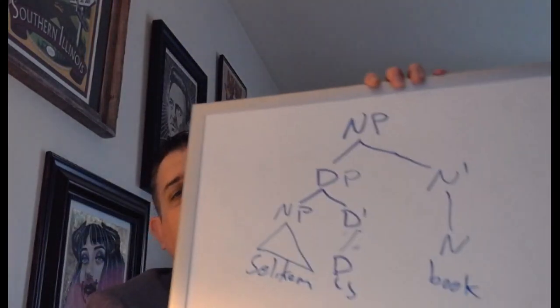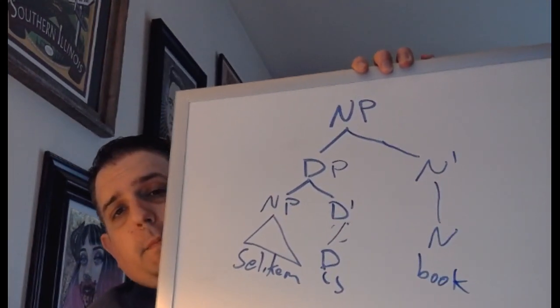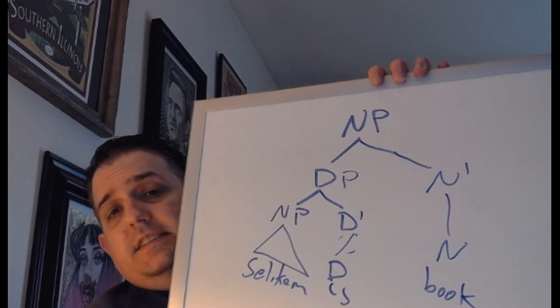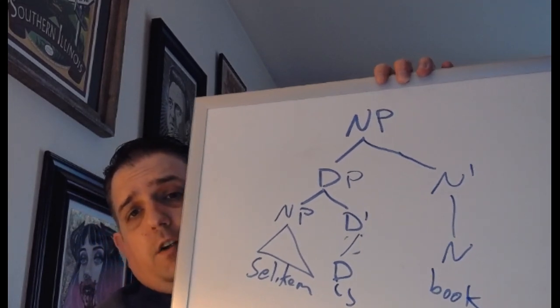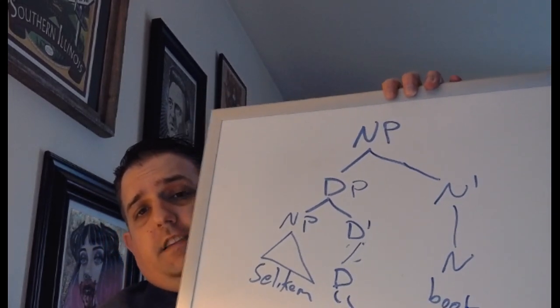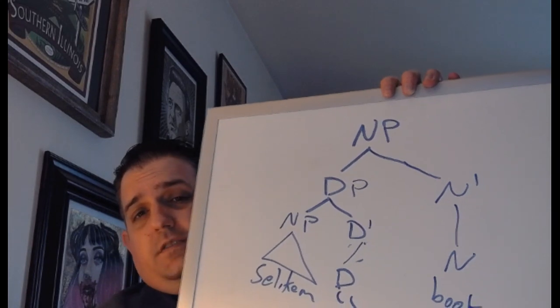So we would end up with a tree something like this. And this is at least consistent with our X bar theoretic rules. We now are starting to get things occupying our specifier positions. Okay, great. That's at least consistent with our rules.